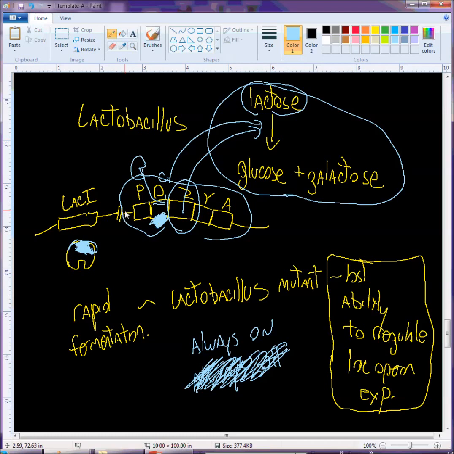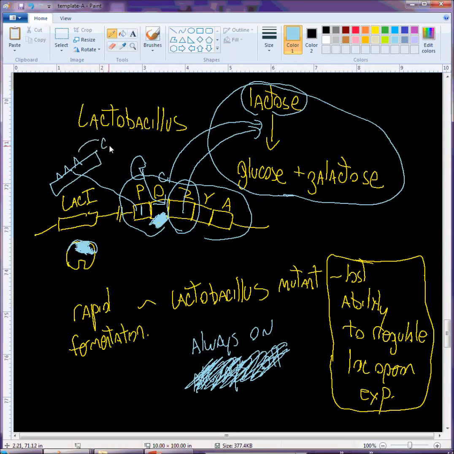And we could also consider some others, considering the cap binding protein, right? I guess we could, for the cap binding protein, which would be on this side of the promoter right here, and I can put the cap binding site in there.